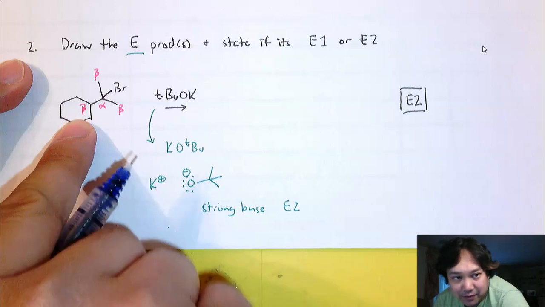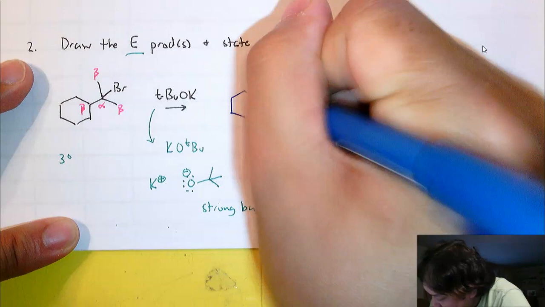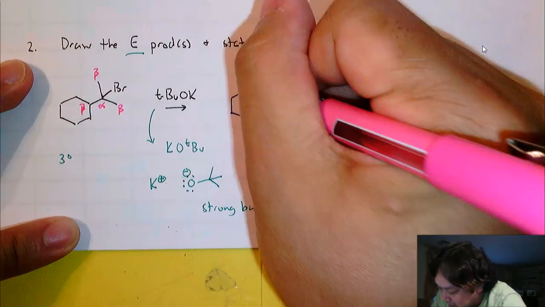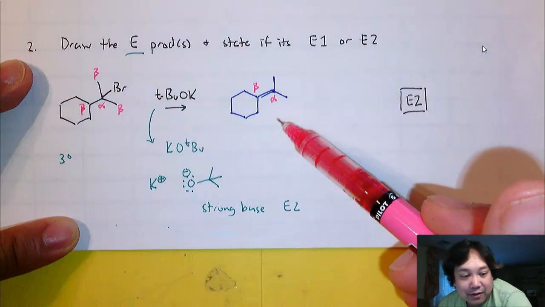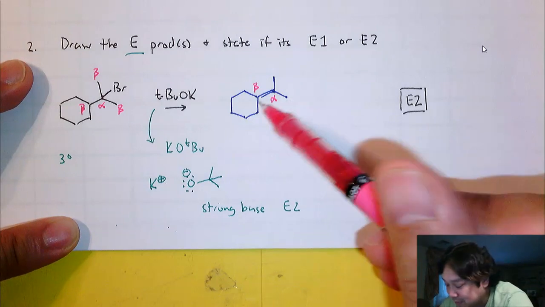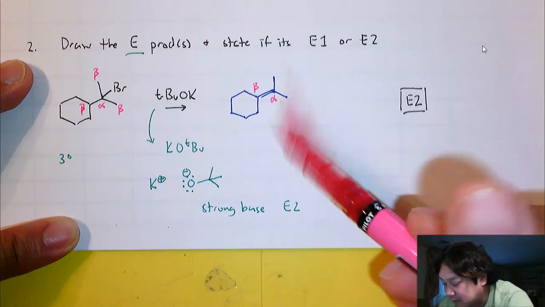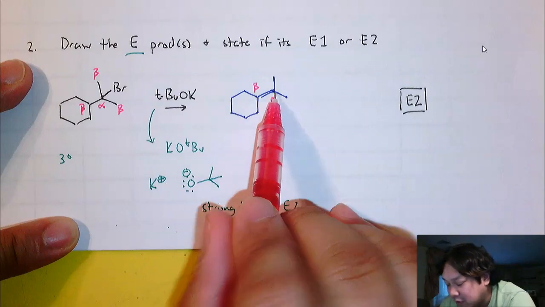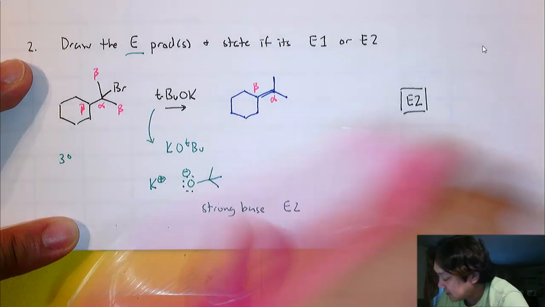Let's take the beta carbon on the left first, though. Okay, that takes care of the beta carbon on the left. My question to you is, is there any E and Z isomerism here? No. Actually, both carbons have two groups that are the same. Like this carbon on the left has a ring, and the ring is symmetrical, and this carbon on the right has two methyl groups. There's no such thing as E and Z for this case.